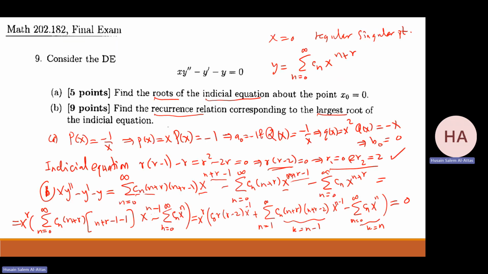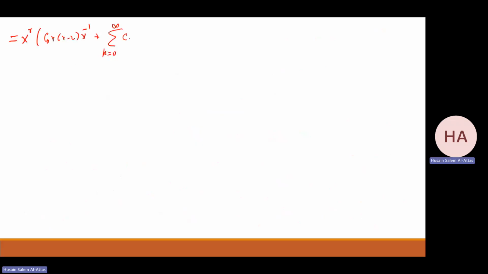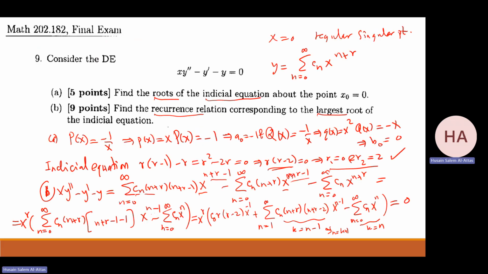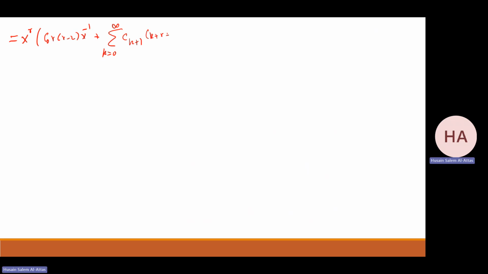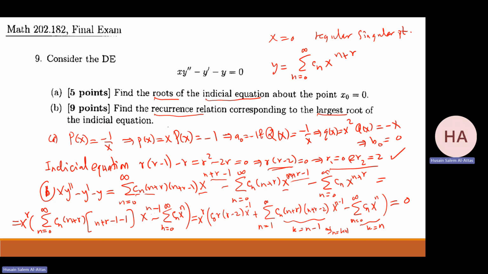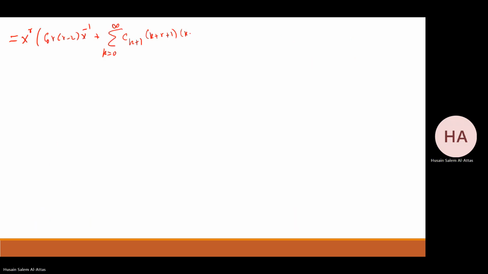So what I'm getting is x to the power r times: C0 times r minus 2, x to the power minus 1, plus, with k equal n minus 1 so n equals k plus 1, starting k from 0 to infinity, C k plus 1 times k plus 1 plus r, that is k plus r plus 1, times k plus 1 plus r minus 2, so it will be k plus r minus 1, x to the power k.